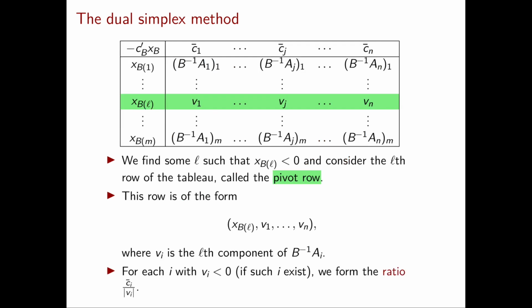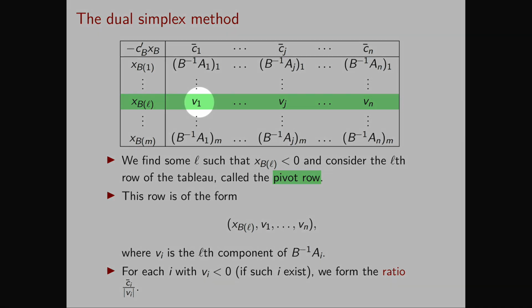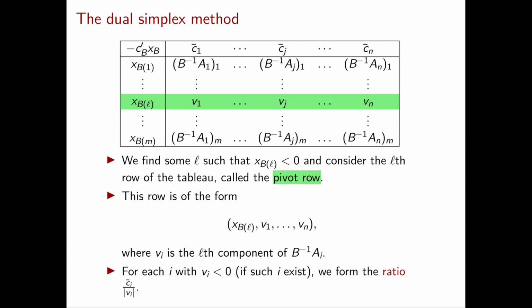To perform a change of basis, we find some index l such that x_B(l) is strictly negative. Then we look at the lth row of the tableau, which is called our pivot row. The entry in the first column will be the lth component of B inverse A_1, and so on and so forth. This row contains all the lth components of the vectors B inverse A_i.